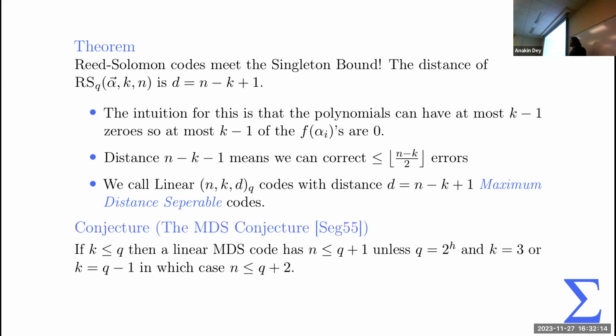And there's a big open conjecture stated in the 50s, and the statement is super important. The point is that if you have a linear MDS code, then you must have N less than or equal to Q plus 1.